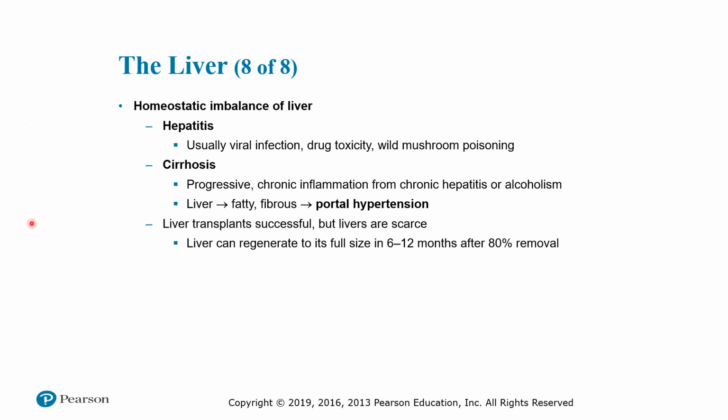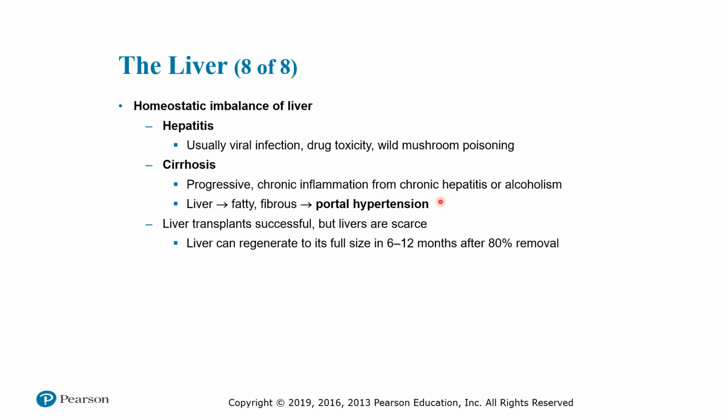What can go wrong with the liver? We all know hepatitis, a viral infection of the liver. It can also be due to drug toxicity and mushroom poisoning. Then chronic hepatitis can lead to cirrhosis, or alcoholism can also lead to cirrhosis. In cirrhosis, there is fatty fibrous change in the liver, and there is portal hypertension.